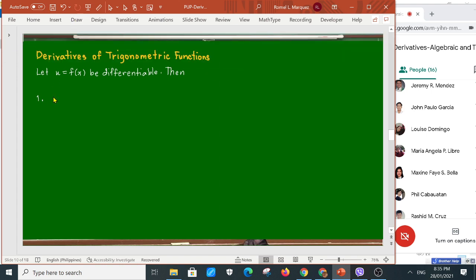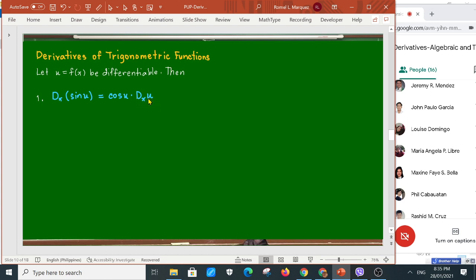Number 1, the derivative with respect to x of sine u, for the general case, is equal to cosine u times the derivative with respect to x of u.